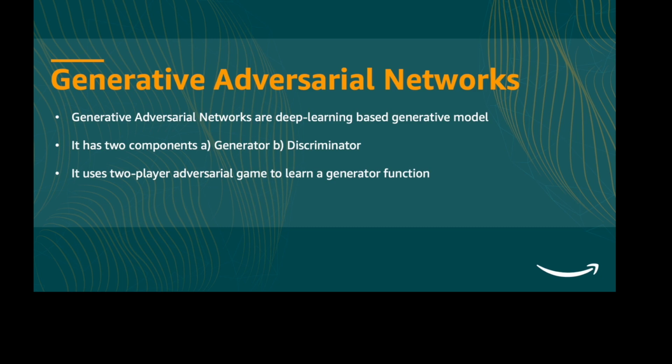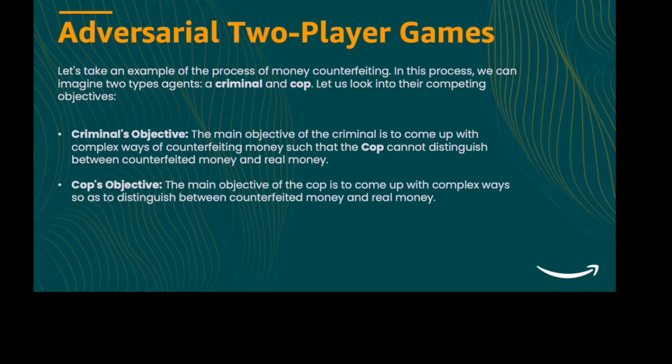The framework adopted for training is a two-player adversarial game, which is used to learn the parameters of the generator and discriminator. We'll see how all this comes together into learning the generator function. But before that, let's go into what a two-player adversarial game looks like.